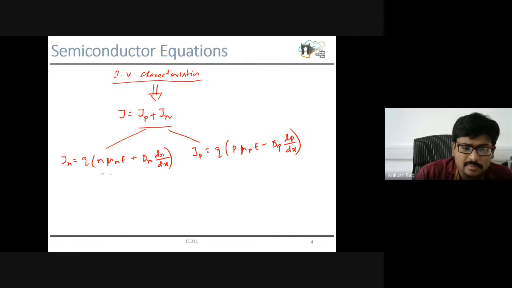This is the drift part and then the diffusion part, similarly for your holes also. So to calculate your current or the IV characteristics, essentially we need these three parameters.